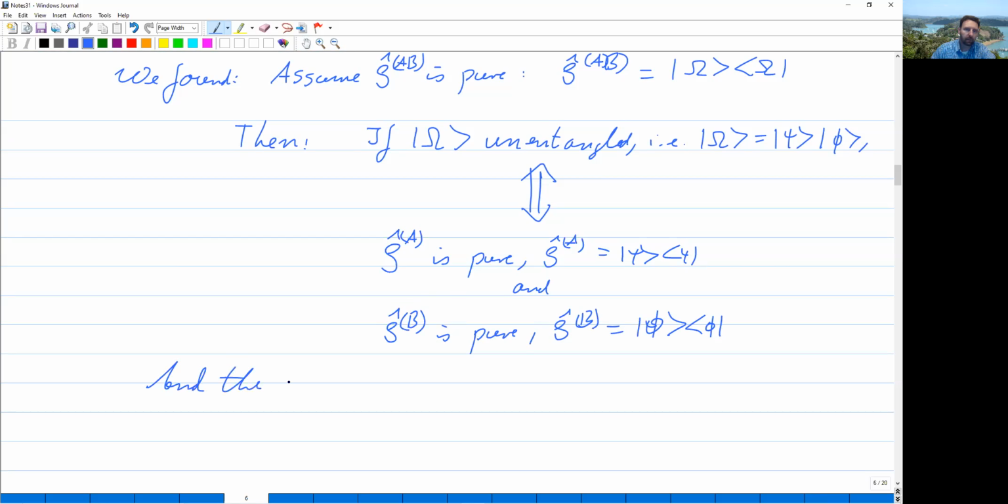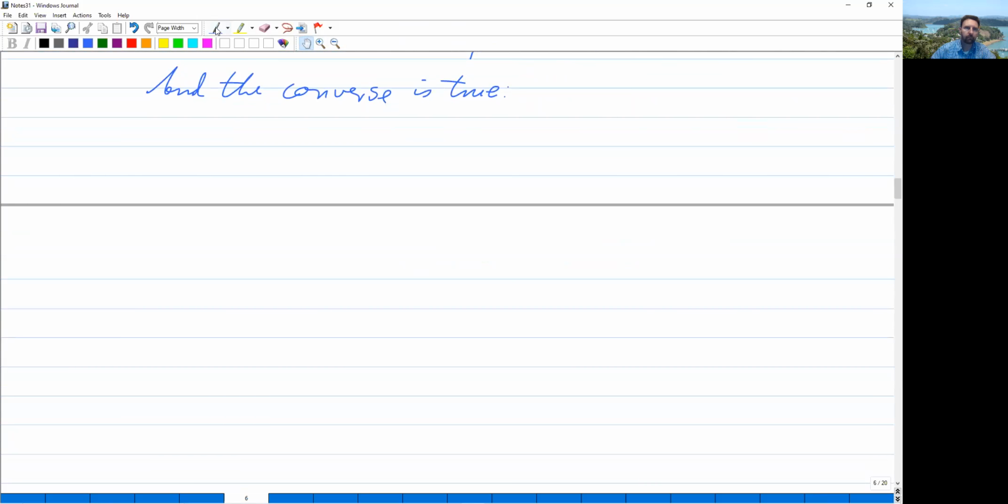And the converse is also true, namely, again, remember, assume rho hat AB is pure. I have to say that because our conclusions are simply not true if the system AB is not in a pure state. But we're assuming it's in a pure state.